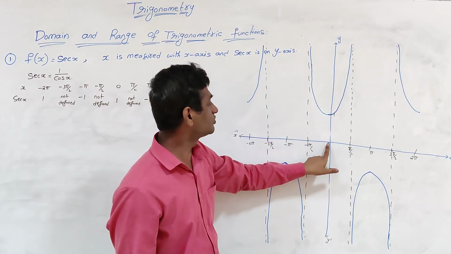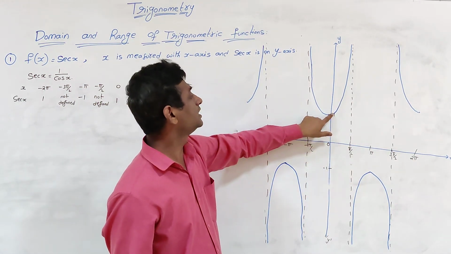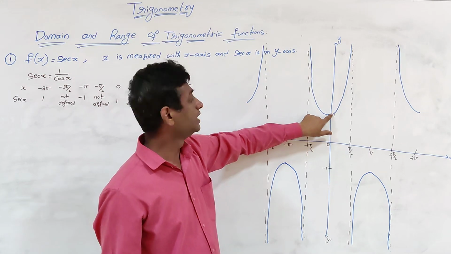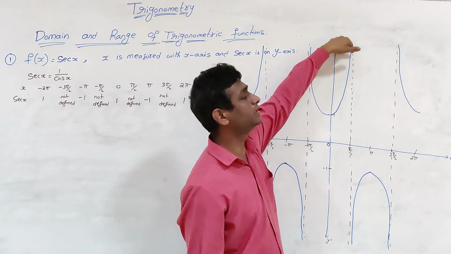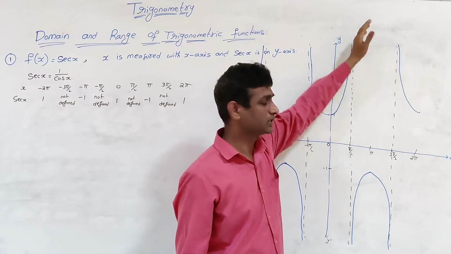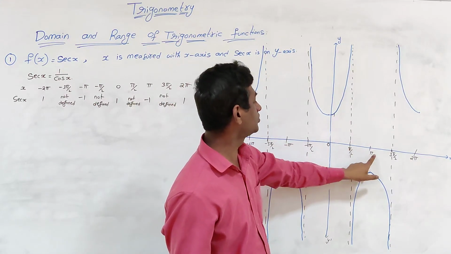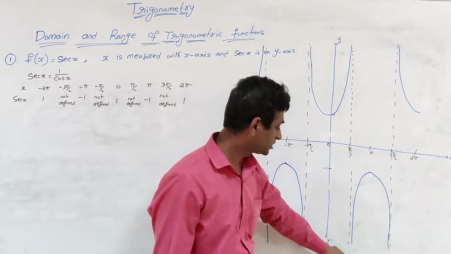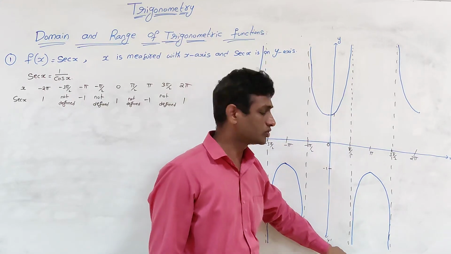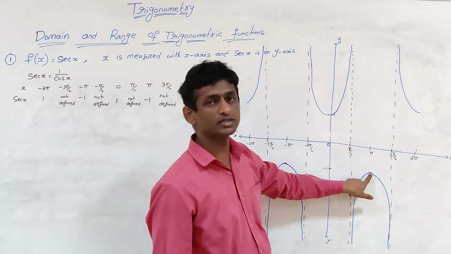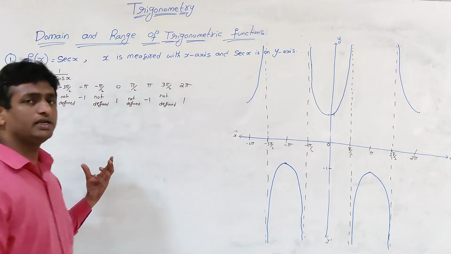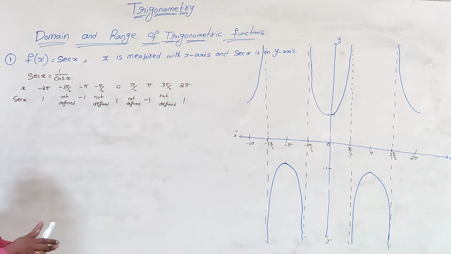When x moves from 0 to pi by 2, secant x increases from plus 1 to plus infinity. Again, from pi by 2 to pi, it starts from the negative direction, slowly increases and reaches minus 1. Now we'll see the domain, range and observations.